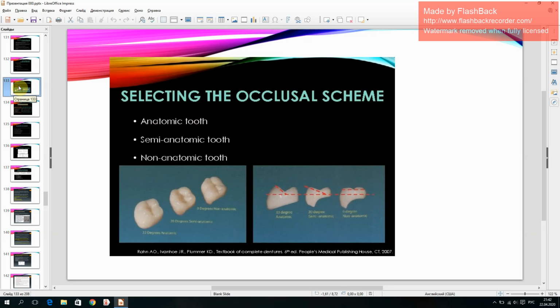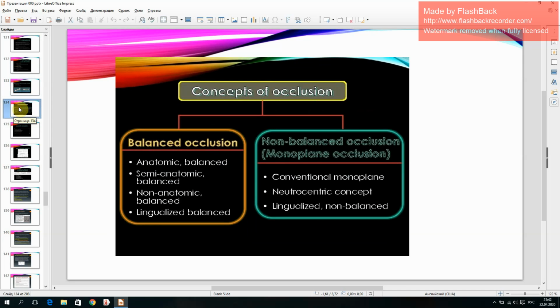Selecting the occlusal scheme: anatomic tooth, semi-anatomic tooth, non-anatomic tooth. Concepts of occlusion. Balanced occlusion: anatomic balanced, semi-anatomic balanced, non-anatomic balanced, lingualized balanced.